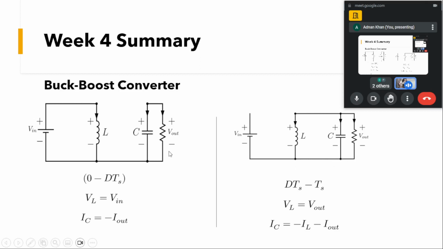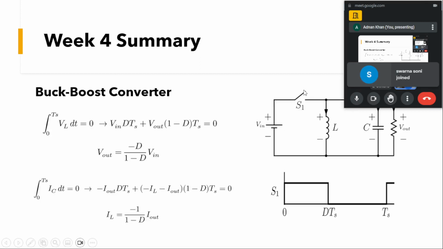These were the equations we were able to get for two modes, for the turn on mode when this switch is on. Now what will we do? We have two fundamental equations. One equation is for the voltage across the inductor, and one is for the current across the capacitor.